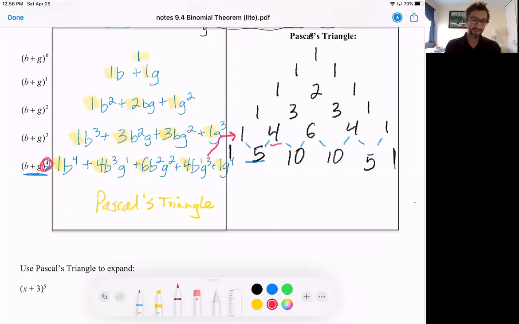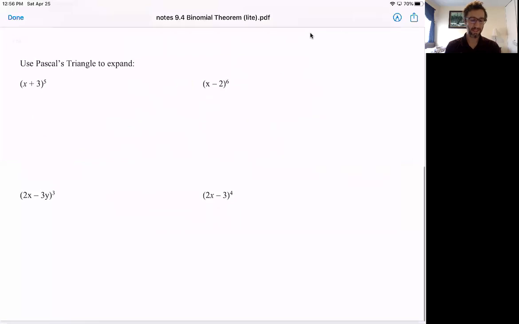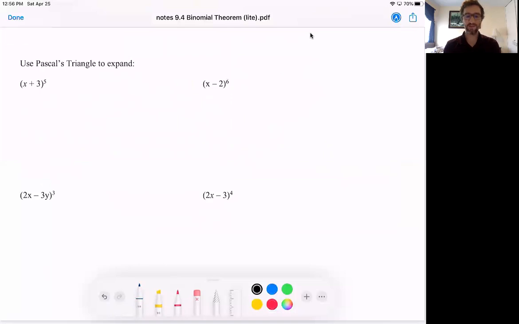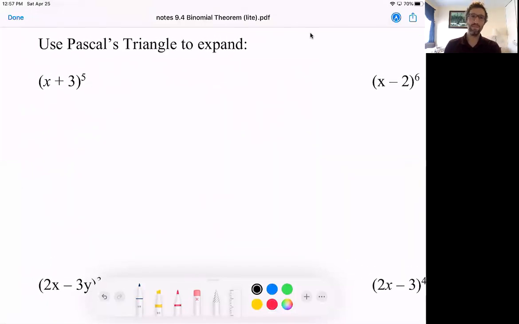So since we mentioned something to the 5th, let's look at the next example, x plus 3 raised to the 5th. And we'll use Pascal's triangle to expand that. The way that I like to organize my work that I've found very helpful, I think students find it helpful too, is I start with the coefficients of Pascal's triangle.